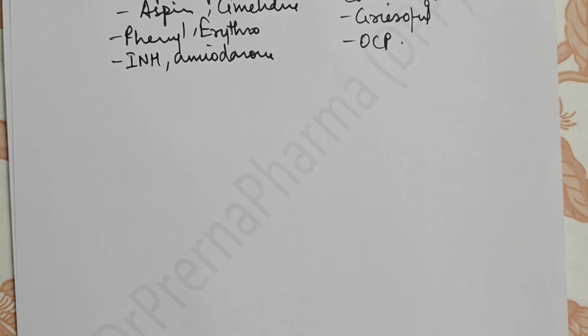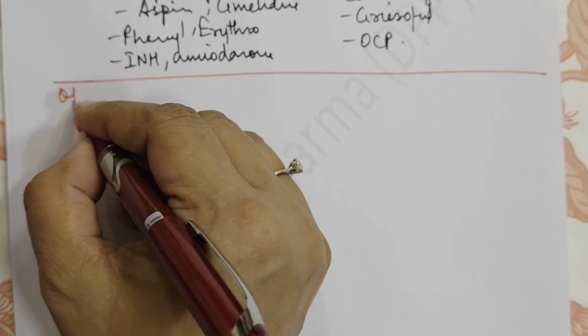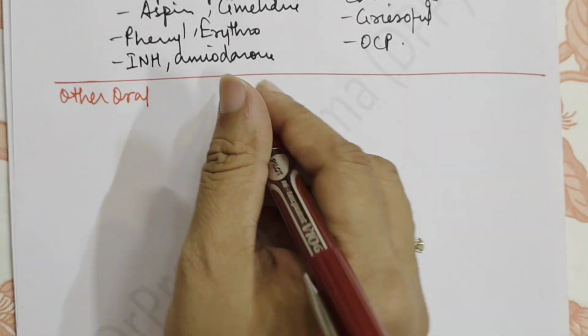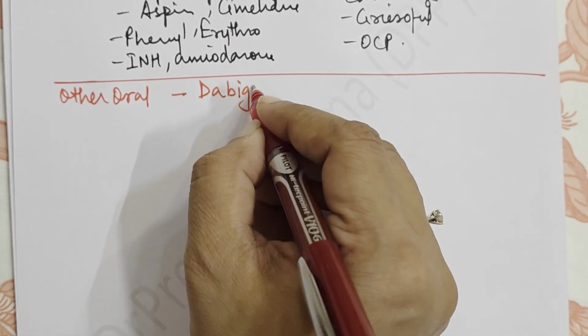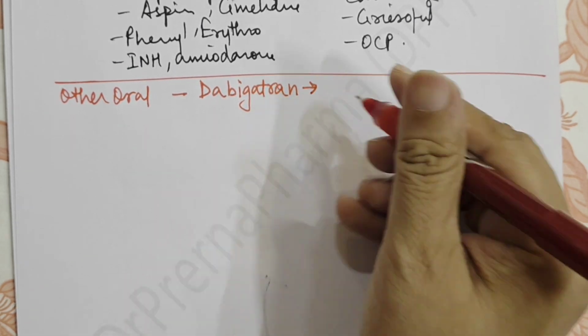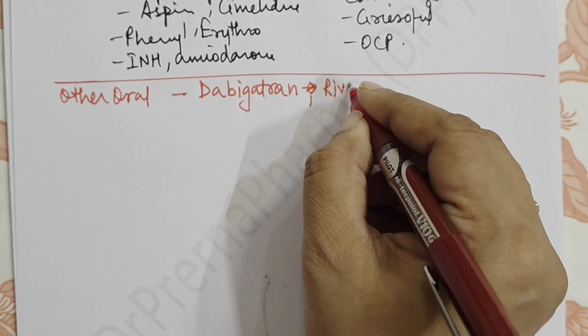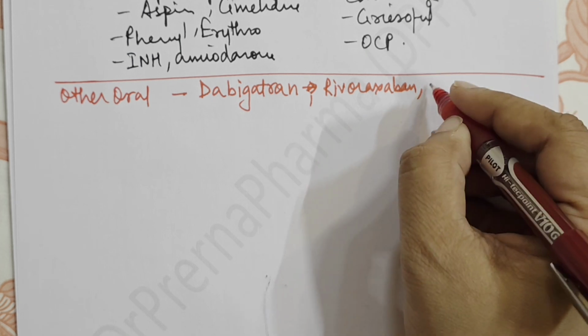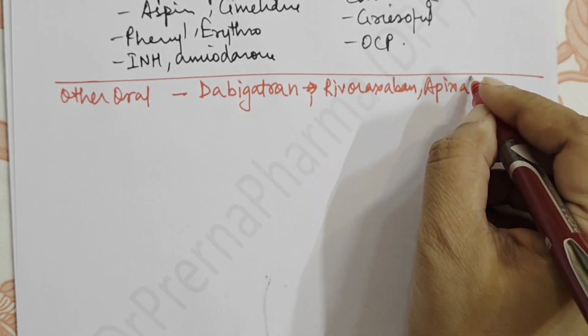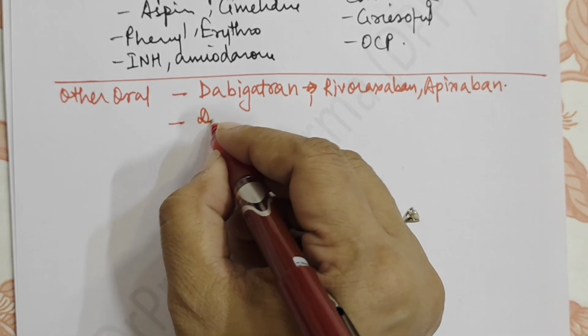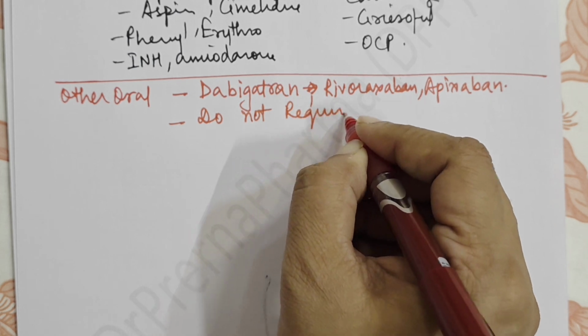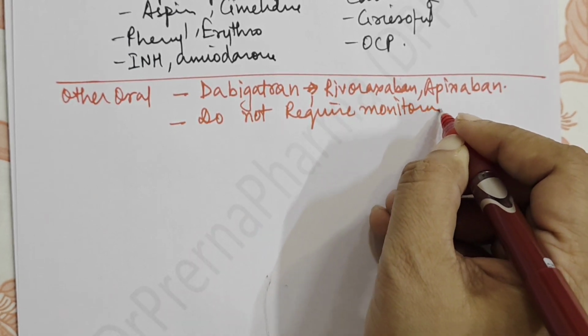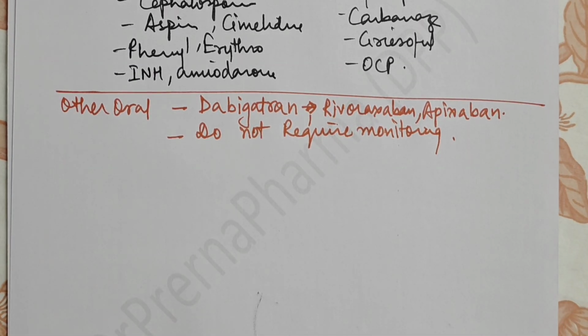Now let's move on to the other oral anticoagulants. In this we have dabigatran, then rivaroxaban and apixaban. The first important thing is that these drugs do not require any monitoring.